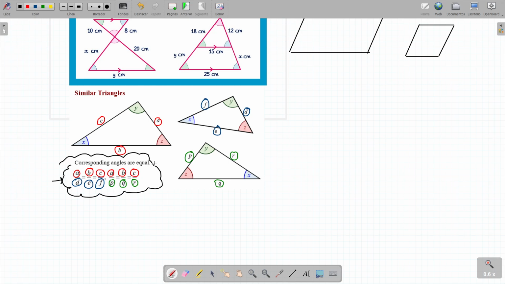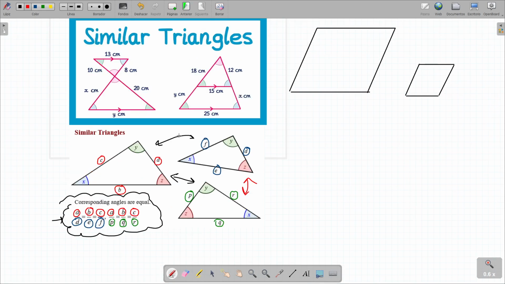For example, if this triangle, which the sides are marked as C, B, and A, is divided over these ones, which let's say are similar, they are always going to give me the same result. The same if we do these two, they are always going to give me the same result.